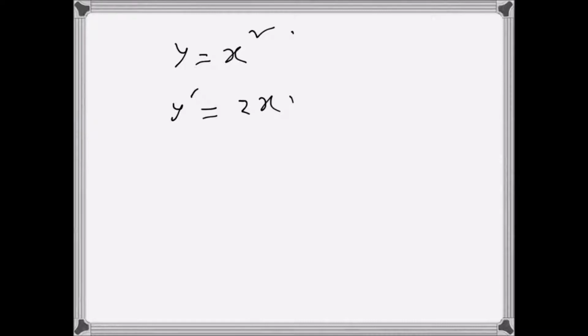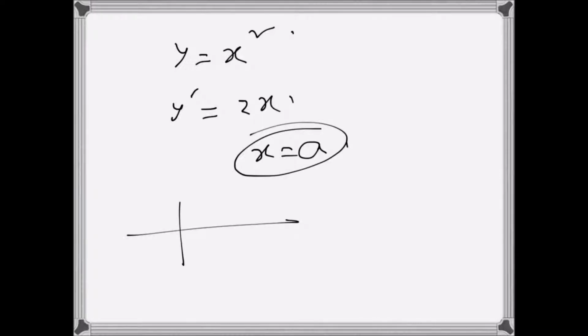Now the second thing is whether that's a maxima or minima. There are two methods. One method is to take the stationary point, say x = a, and check the gradient just a little to the left and a little to the right.